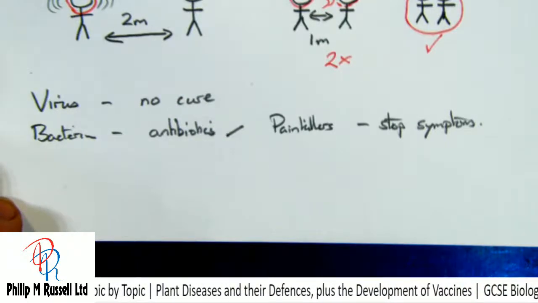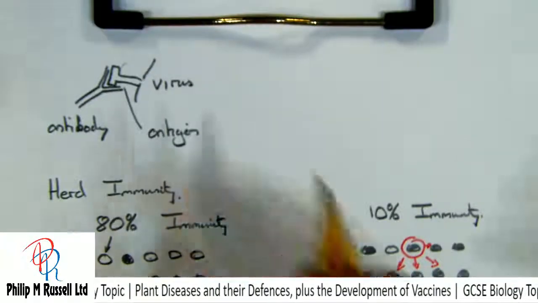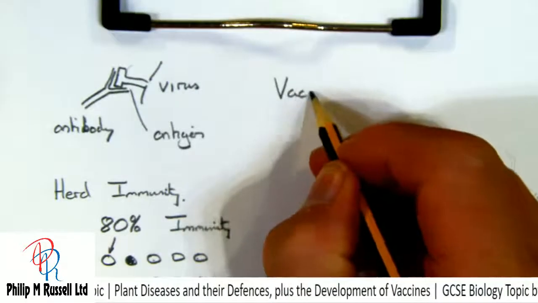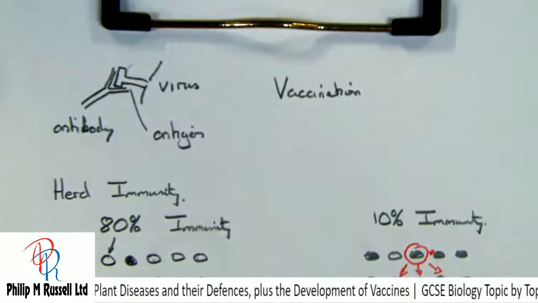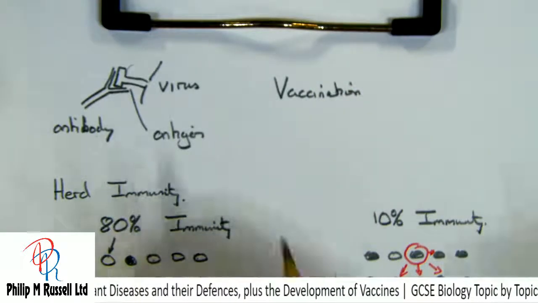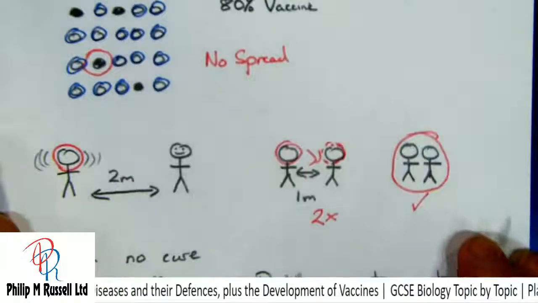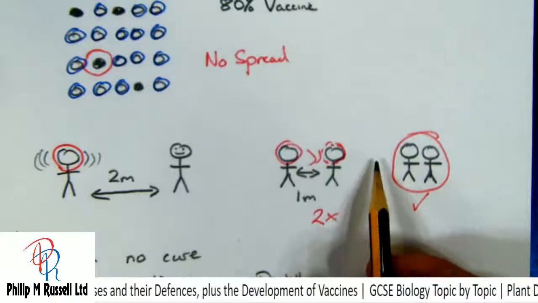The only thing that we've got to try and stop these is an antibody, and this comes with vaccination. And until we've got vaccination, then our only defence is social distancing.